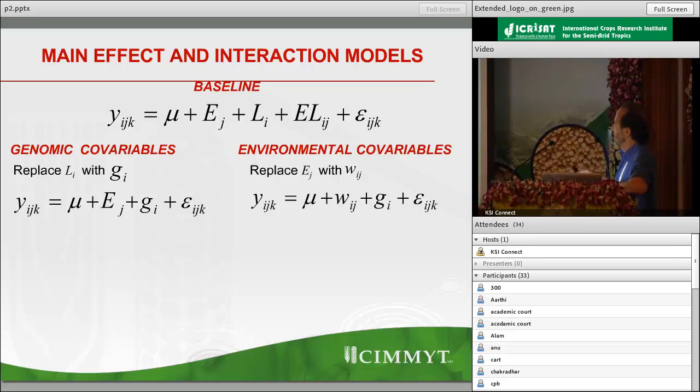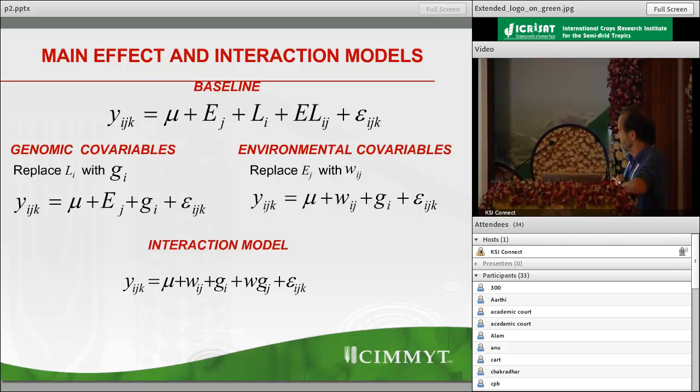Okay? But also, these are the main effect model. What is interaction? Well, actually, we can do exactly the same with interaction. Instead of having the environment by line interaction as we have using the index of the environments and the index of the lines, we use environmental covariables and we use the pedigree data or the genomic data.